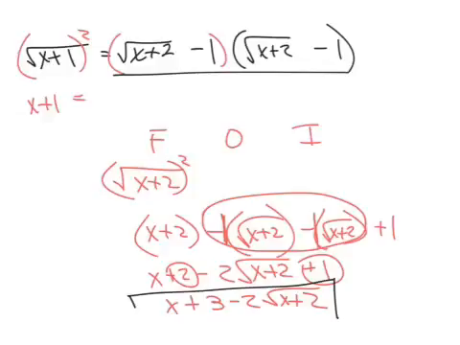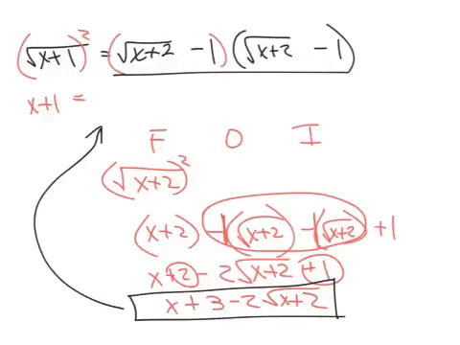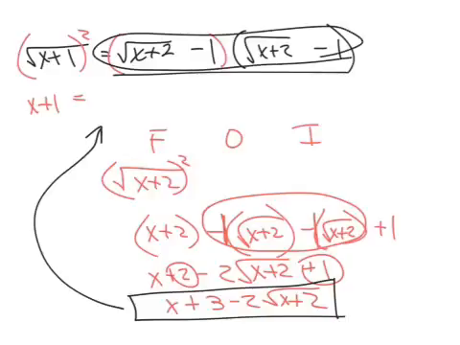That bit of information right there is what's going to go right there. That is the FOILed part, this part here that we multiplied. That's all we did. So we have x plus 3 minus 2 square root of that.